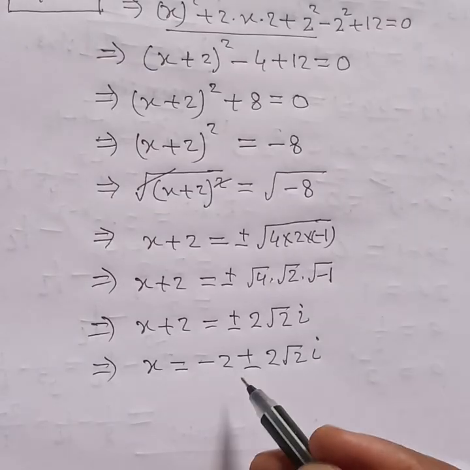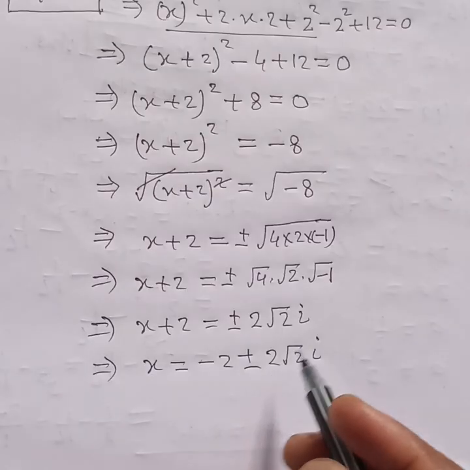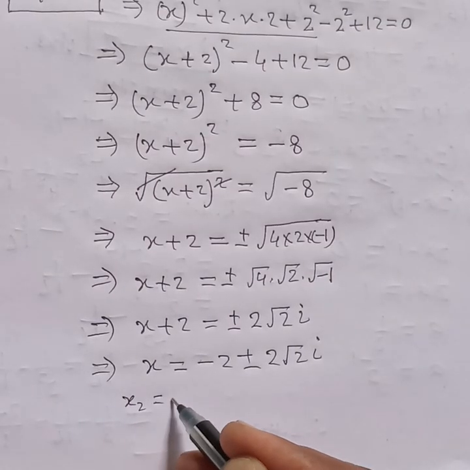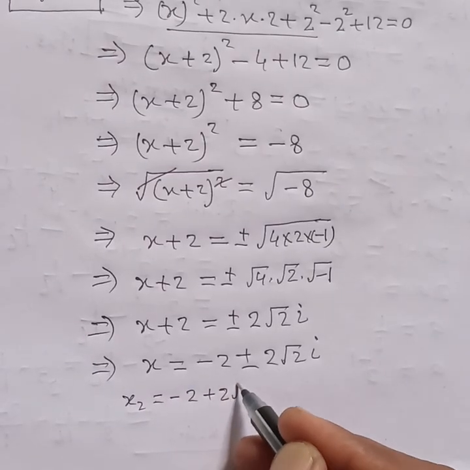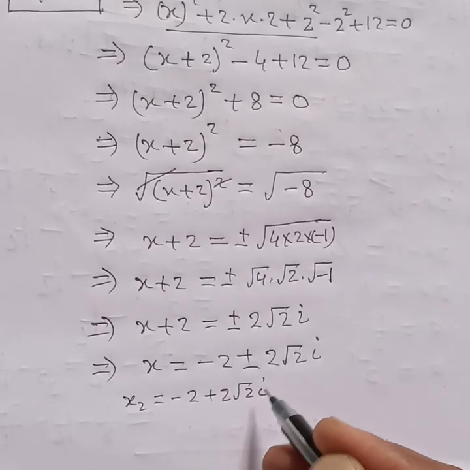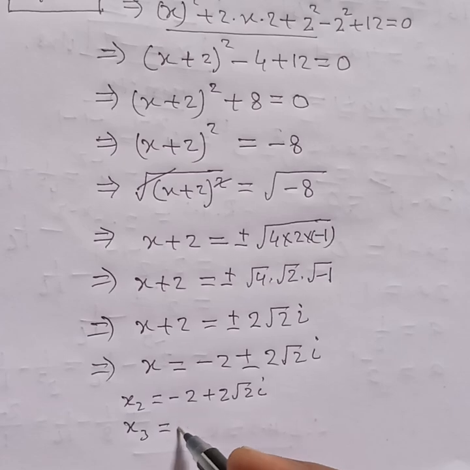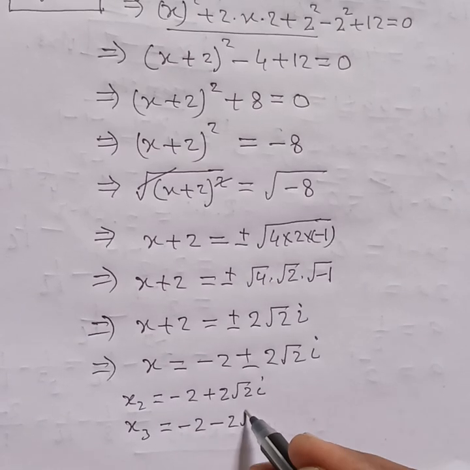Hence, we get two roots from this equation, that is x2 is equal to minus 2 plus 2 root 2i, and x3 is equal to minus 2 minus 2 root 2i.